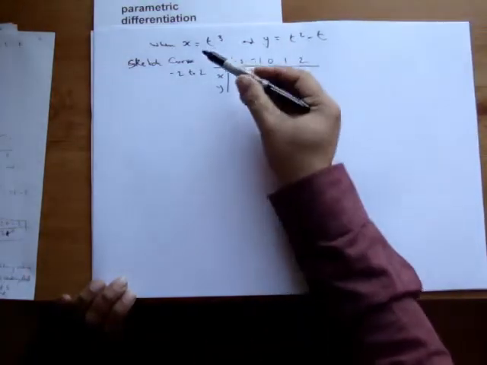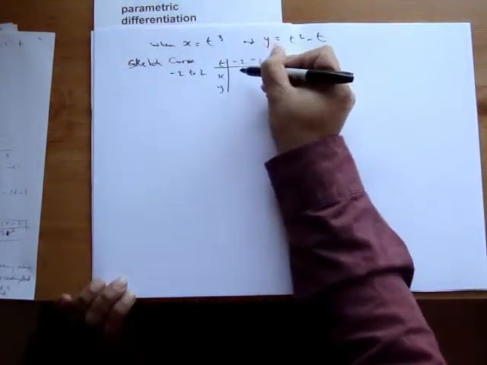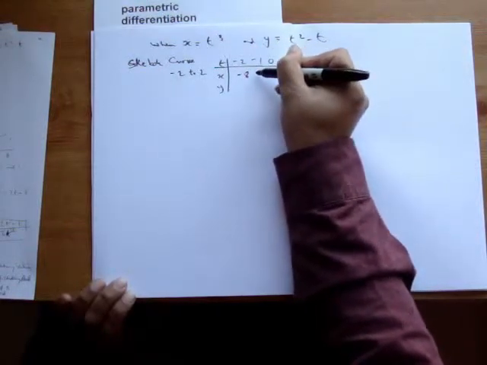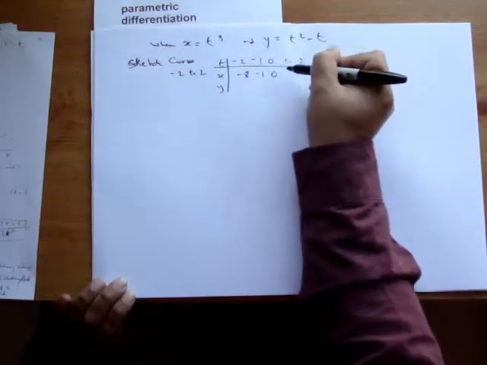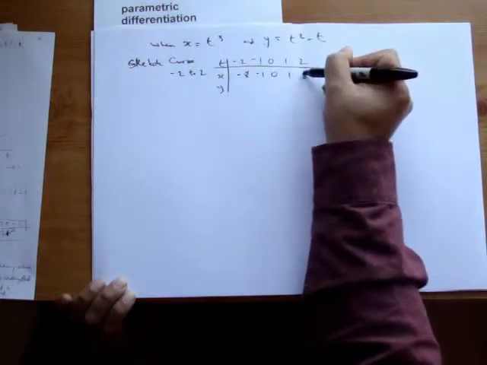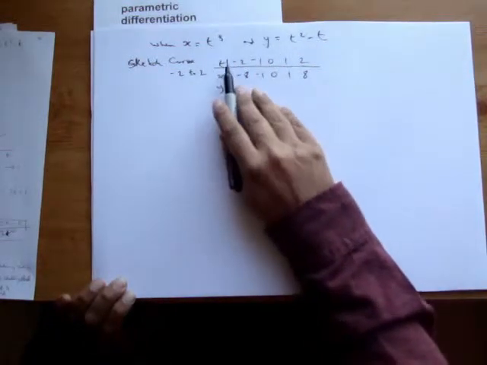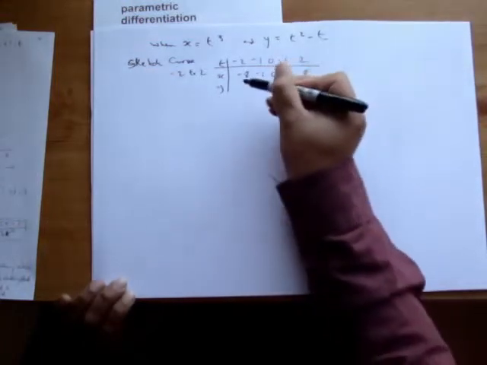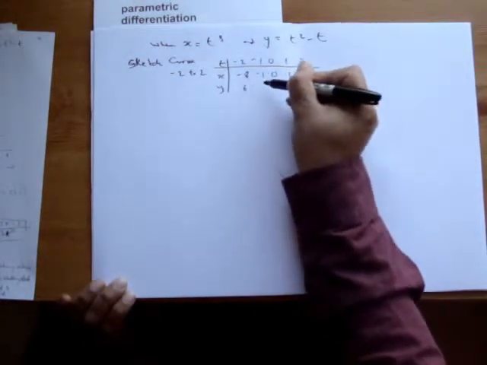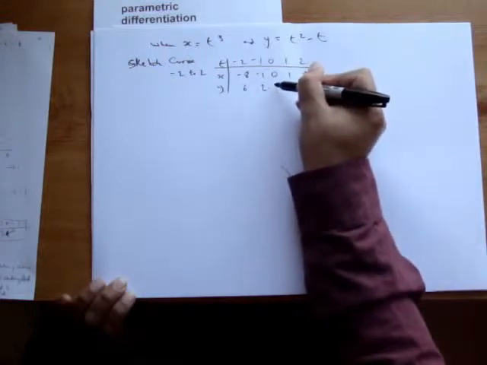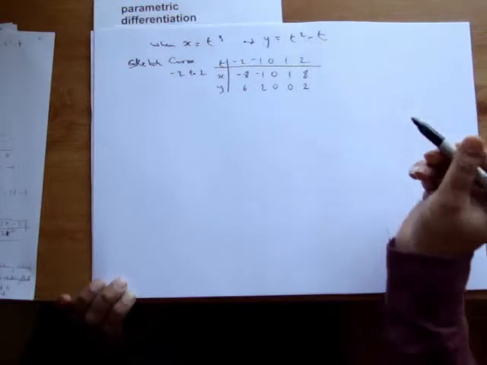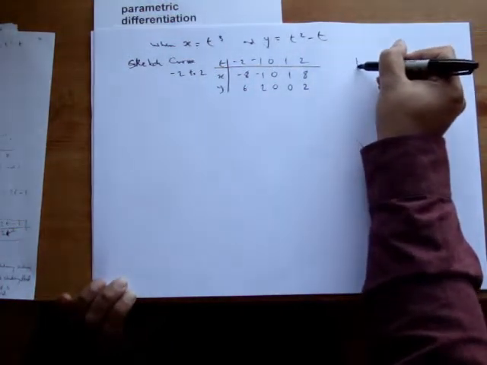When we put minus 2 into the equation for x, we get minus 8. Minus 1, we get minus 1. 0, 1, and 8. When we put the value for t into the y equation, we get 6, 2, 0, 0, 2. Quickly sketch.